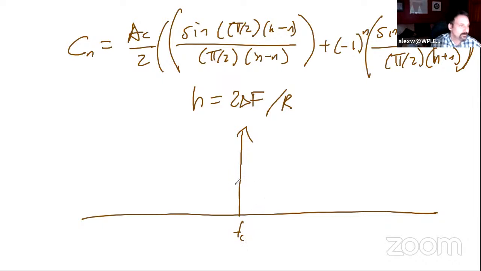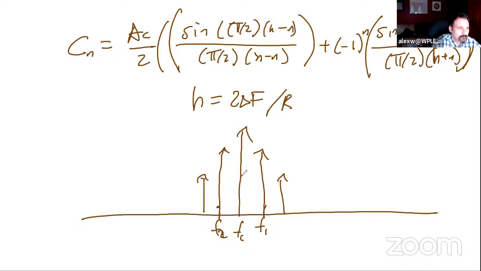What you're going to have at the end of the day are these fellas here, F2 and F1, and then you're also going to get these other deltas as well, progressively looking like that.